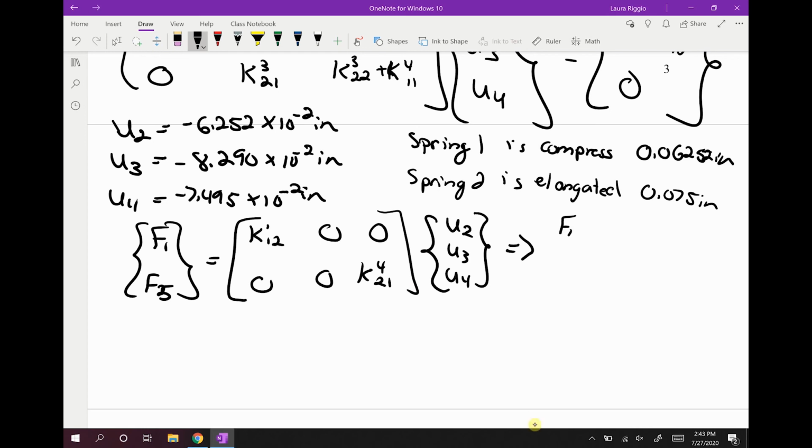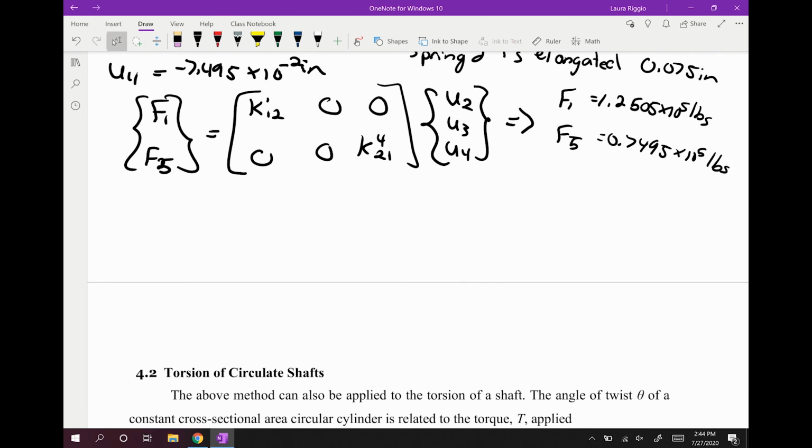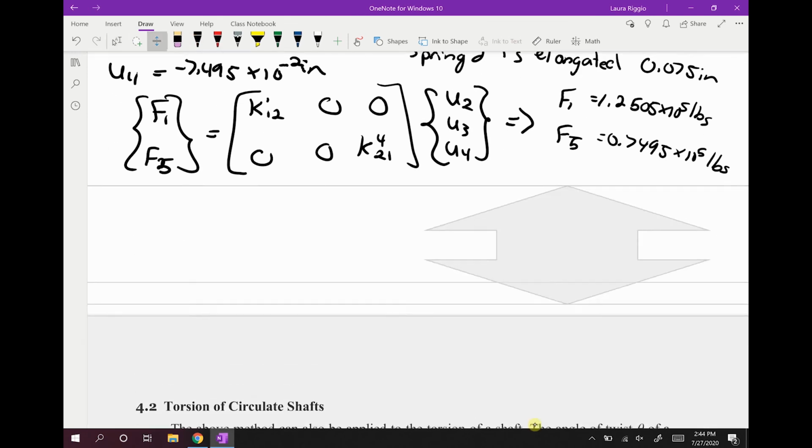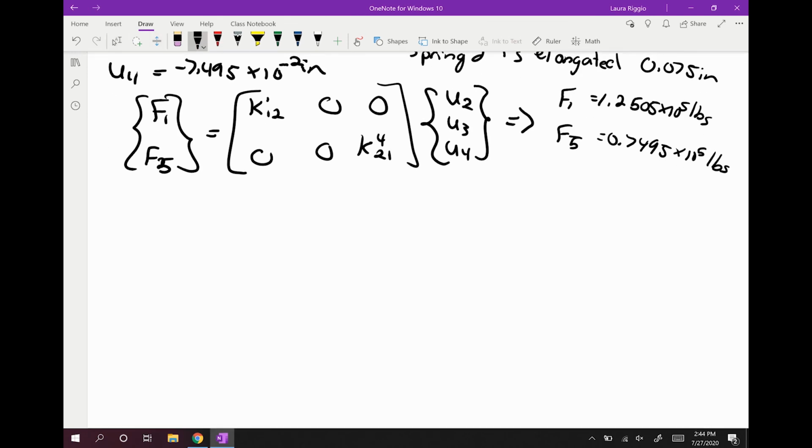So this yields that our reaction force at point 1 is 1.2505 times 10 to the 5 pounds, and F5 is 0.7495 times 10 to the 5 pounds. We want stress, so to determine stress we need to find our loads Q2 and Q3. So again, we're going to look at our free body diagram and work this through.